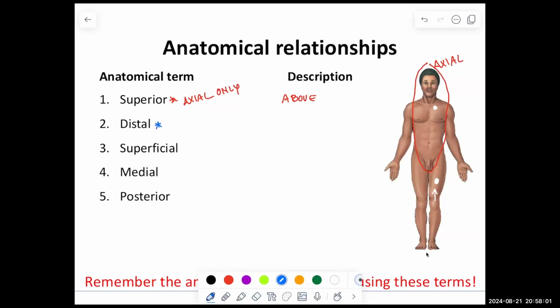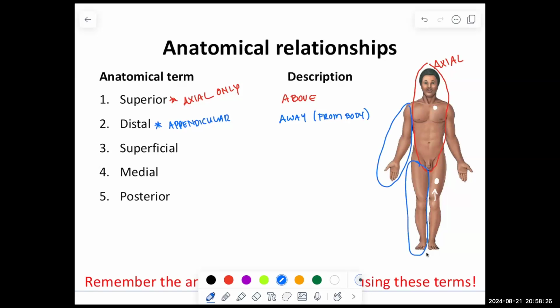Distal applies to appendicular. Distal means away from the body. That's what you use to describe here and here.